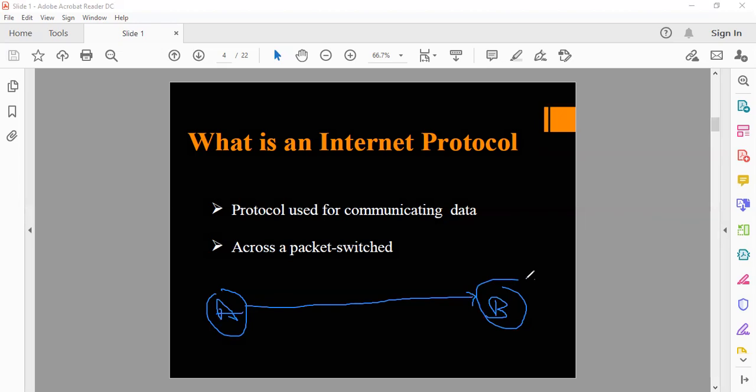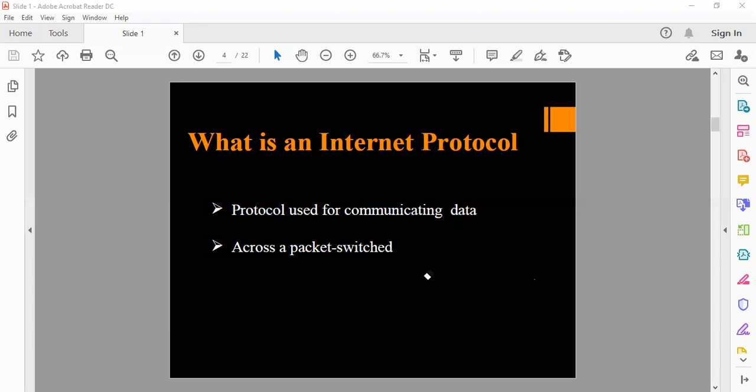This connection is reserved for that duration, and no one else can use it. Due to this, in circuit switching, resources are highly wasted. To compensate for this wastage, scientists introduced packet switching.